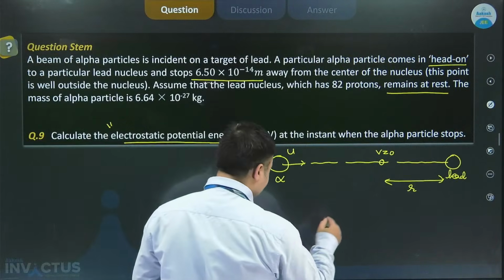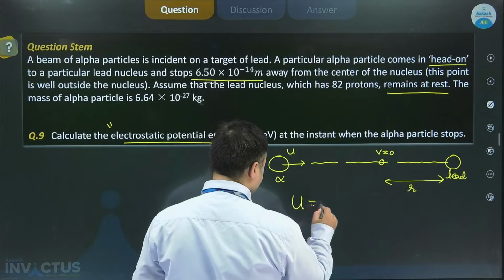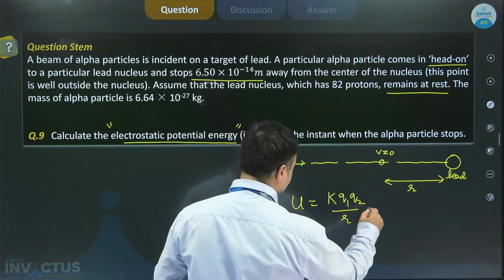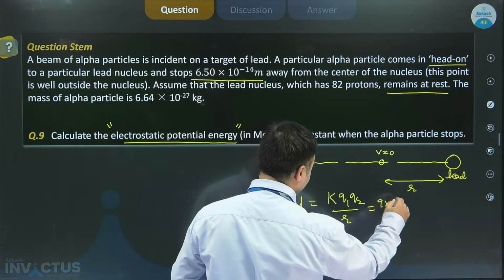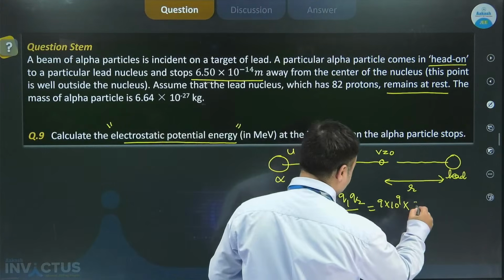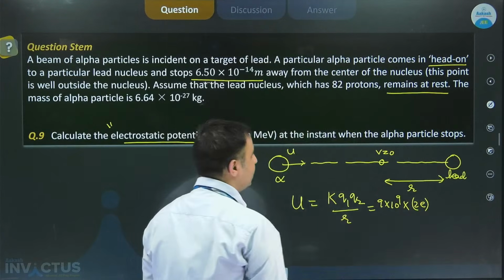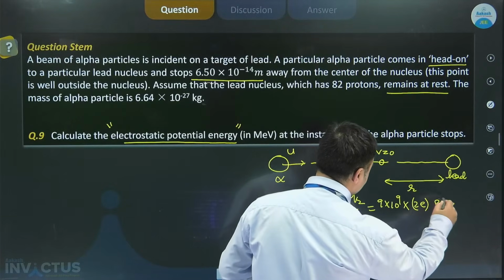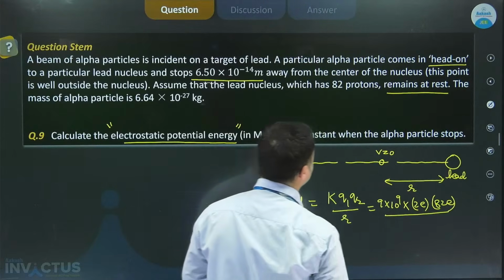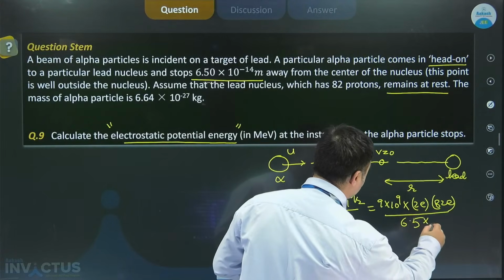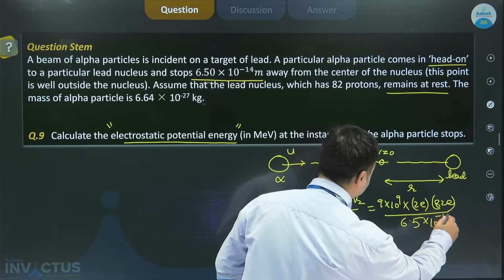So quite an easy question. Electrostatic potential energy we can write as K Q1 Q2 by R. So 9 into 10 raised to the power 9. Now Q1 is the alpha particle, so 2 times the protonic charge, and the nucleus contains 82 protons, so 82e, divided by the distance. The closest distance is given as 6.5 into 10 raised to the power minus 14.